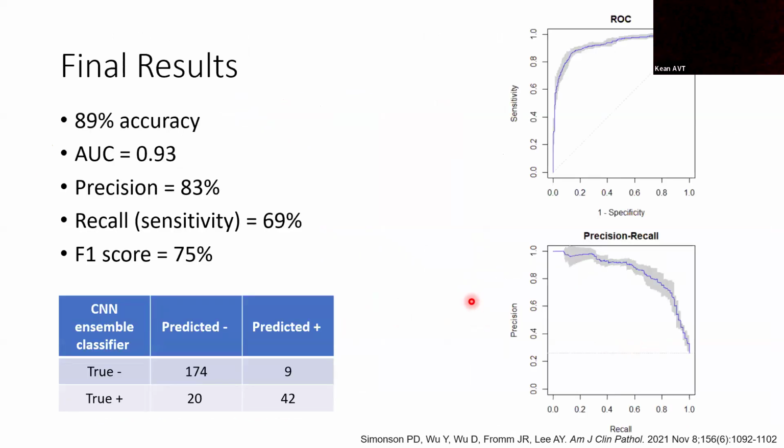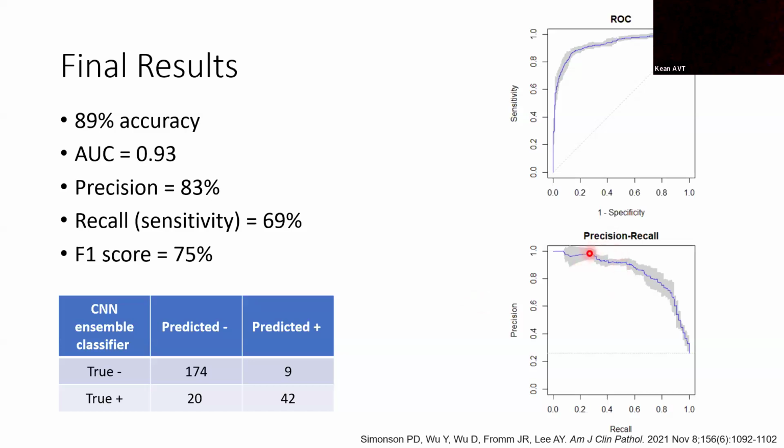Okay, so for the final results, we had about 89% accuracy, and the area under the receiver operator characteristic curve was 93%. So that was actually quite good. Over on the right, I have plotted what's called a precision recall curve. This is a common kind of curve that's used in machine learning.